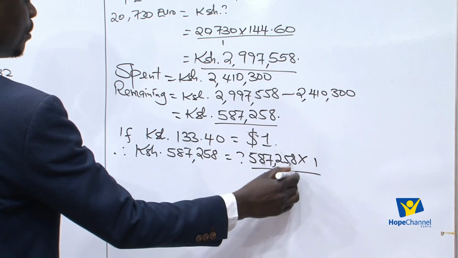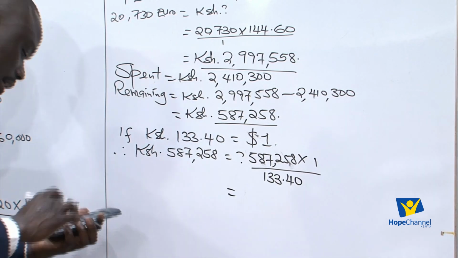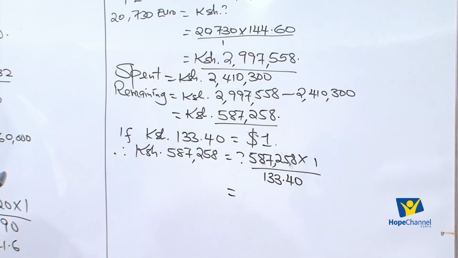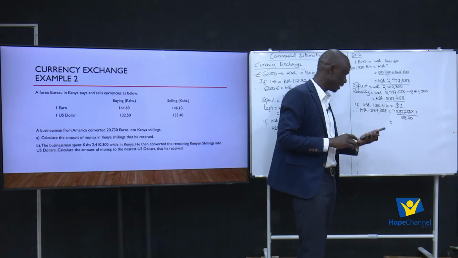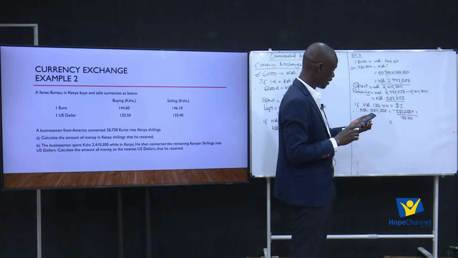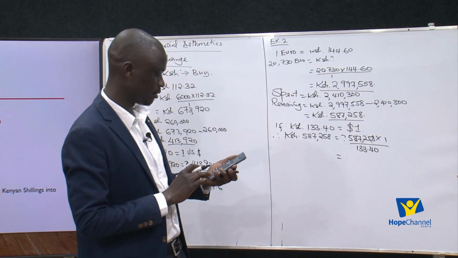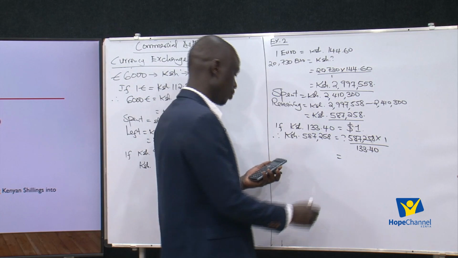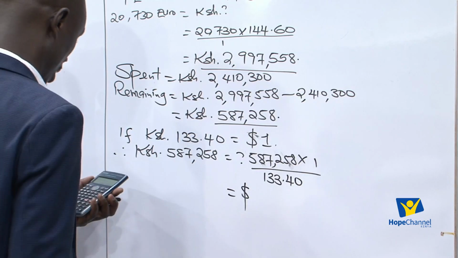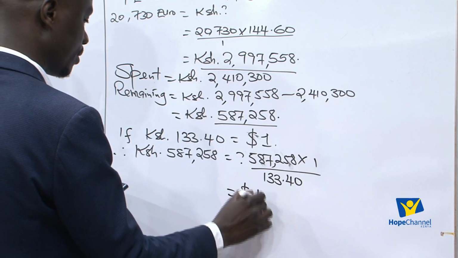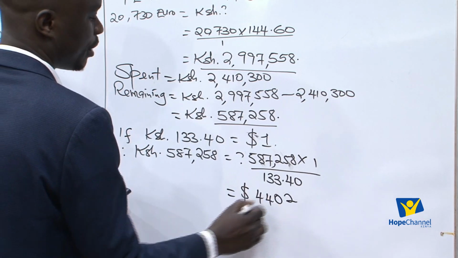So let's look at that. 587,258 times 1 divided by 133.40. What do we get? We get how many dollars to the nearest dollars? 4402.